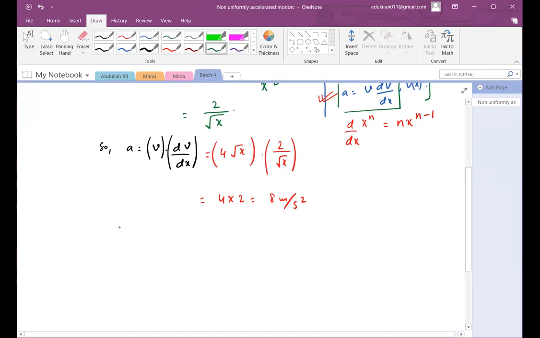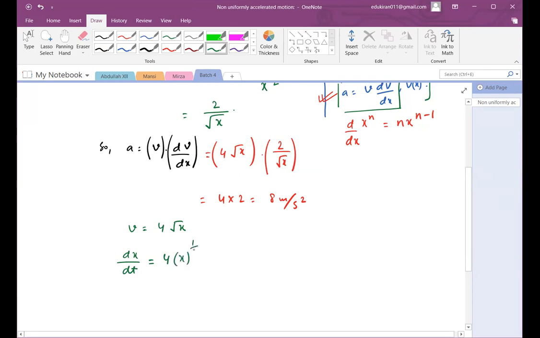Now, since velocity equals 4 times root x, and in the next part we have to calculate displacement, according to the rule velocity equals dx over dt. So it will equal 4 times root x.